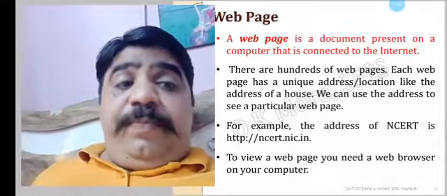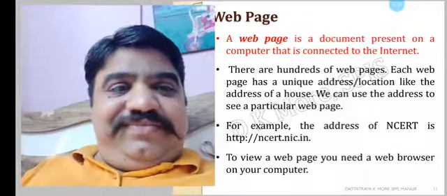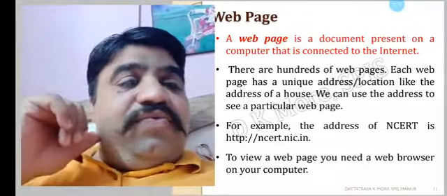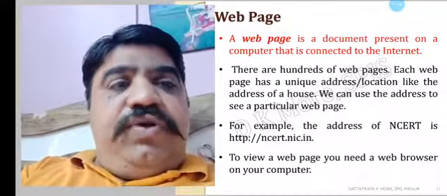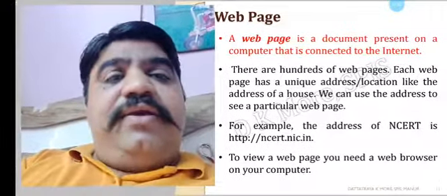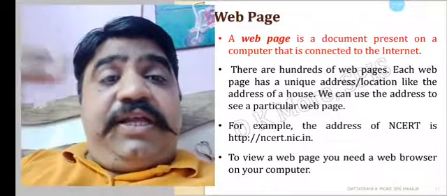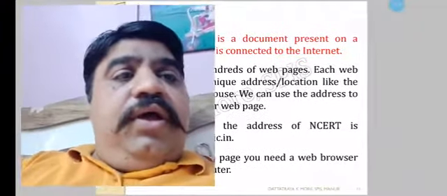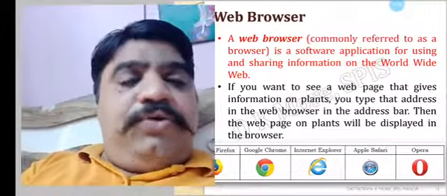To view a web page, you need a web browser on your computer. So this web browser is required to see these web pages. These web pages are designed with the help of a language, HTML, hypertext markup language. Let us move ahead. Web server, web browser.